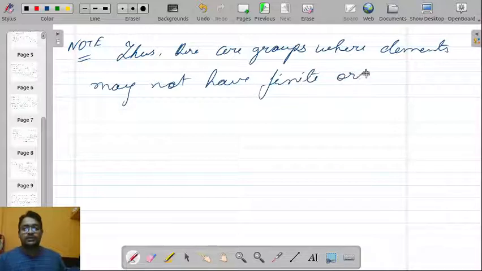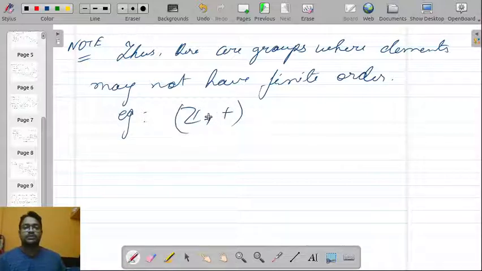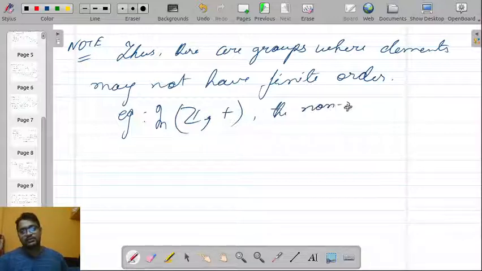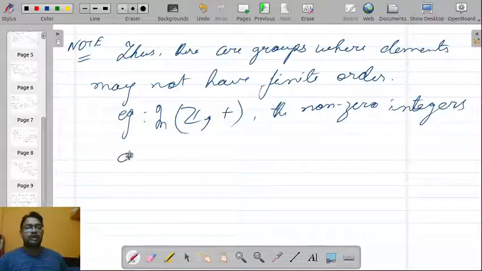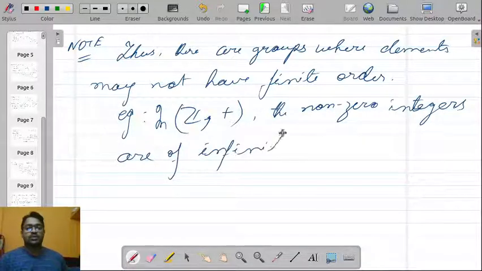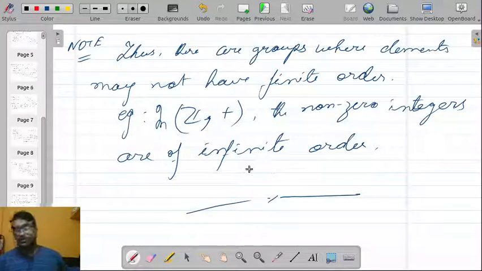For example, Z with respect to addition, the simplest group. Here the non-zero integers do not have finite order, or non-zero integers are of infinite order. So that is the thing.